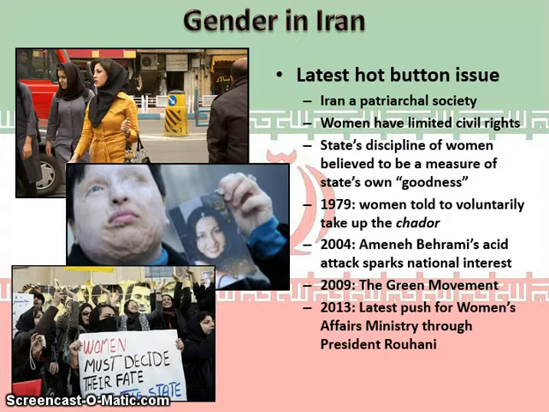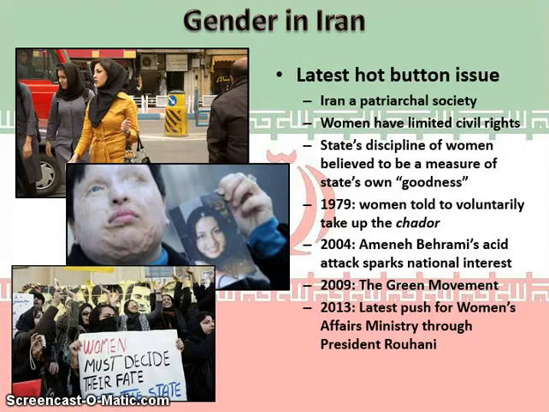However, the Council of Guardians has said that they can still imprison women for supporting this ministry, just because they believe the fight for women's rights to be impeding on national security. So that's still kind of an issue going on right now.